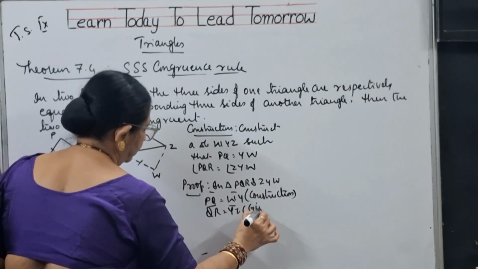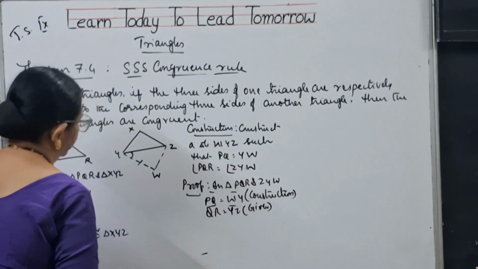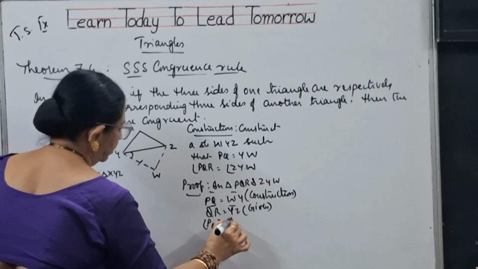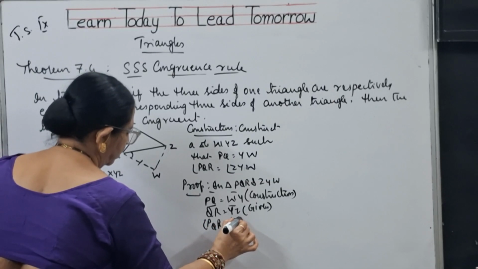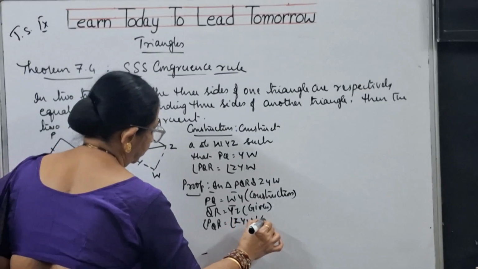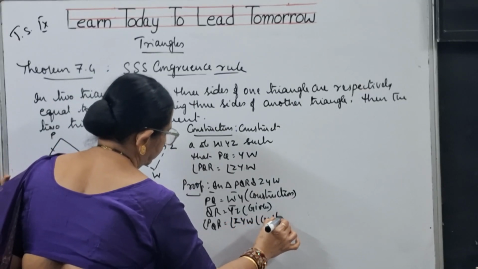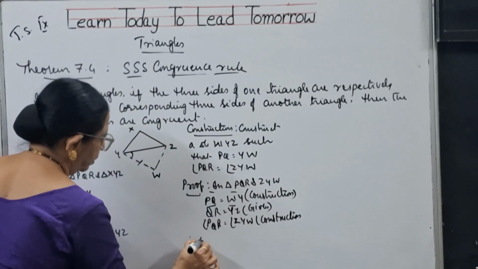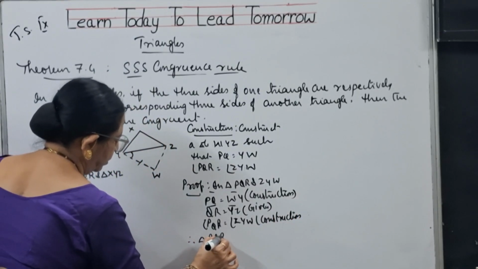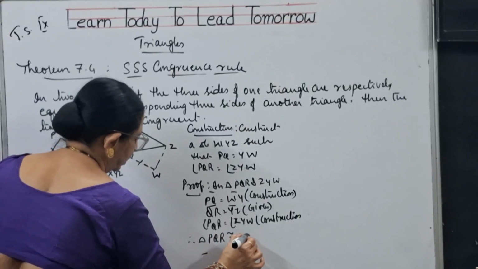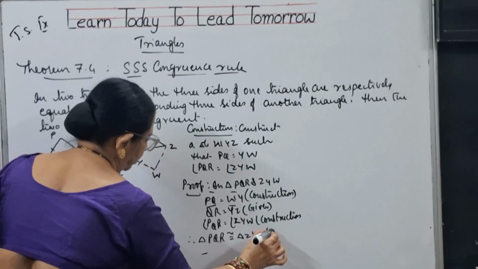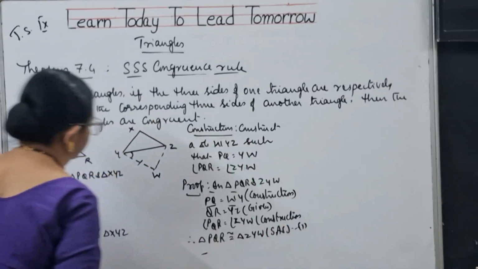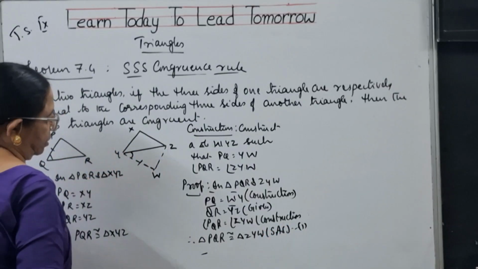This is given to us, and angle PQR is equal to angle ZYW. This is also our construction. Therefore, triangle PQR is congruent to triangle ZYW basing on side angle side property. Let us consider this as first equation.